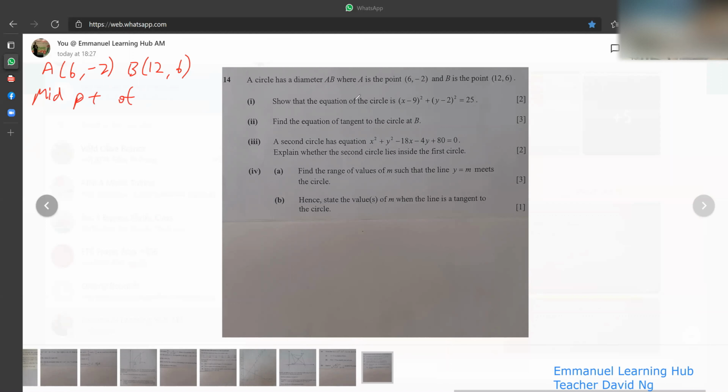If they tell you the diameter is AB, the midpoint of AB is the center of the circle. Midpoint is (6 plus 12) divided by 2, (-2 plus 6) divided by 2.